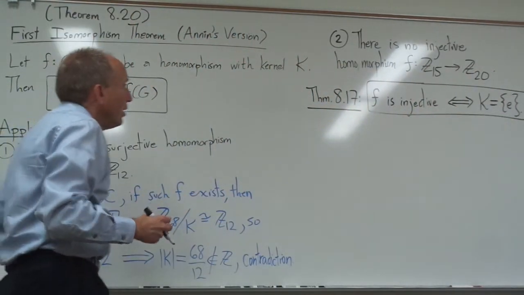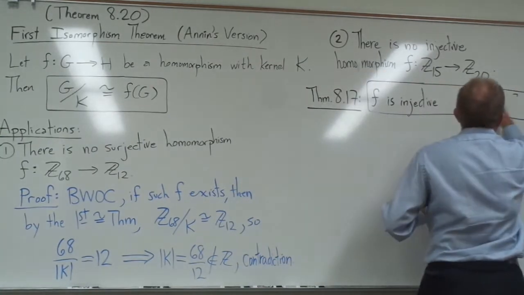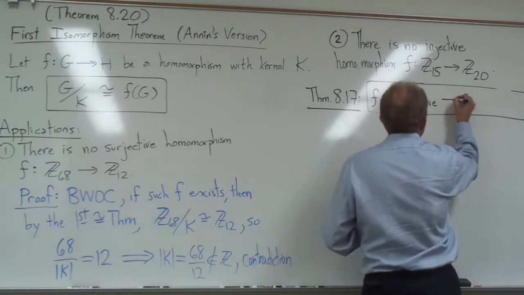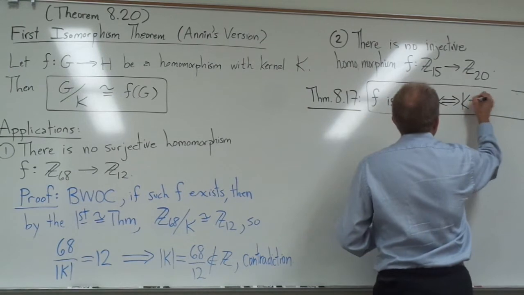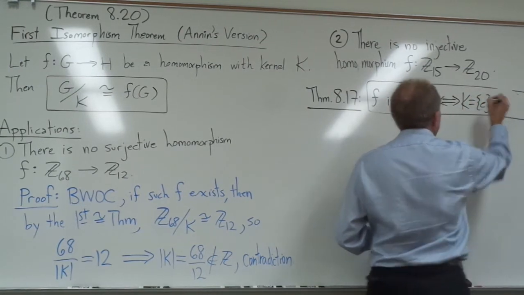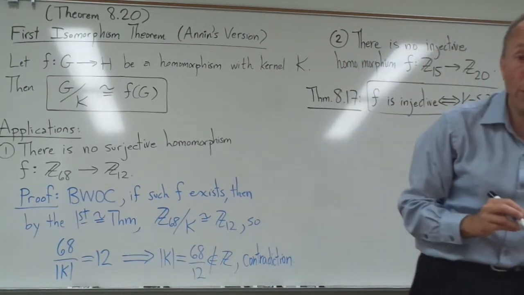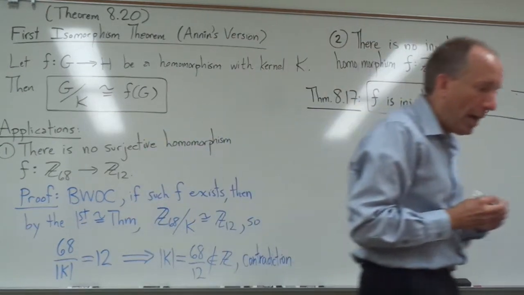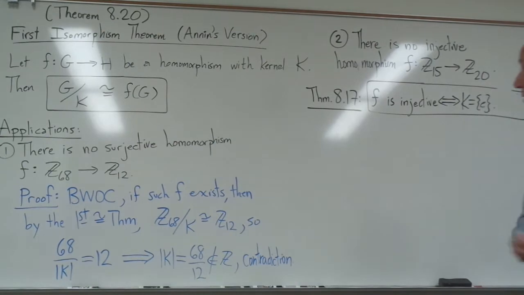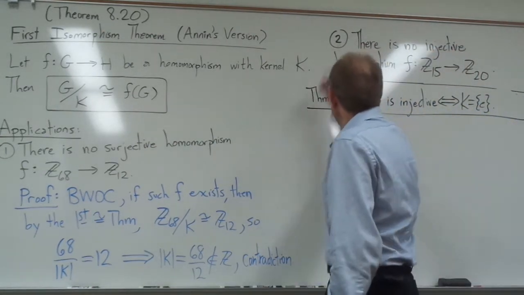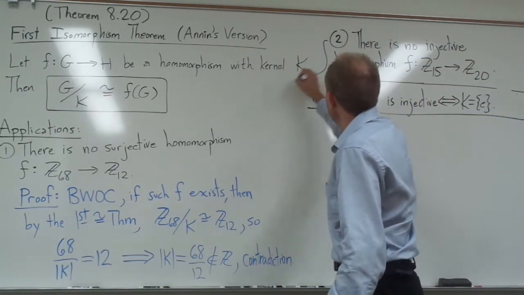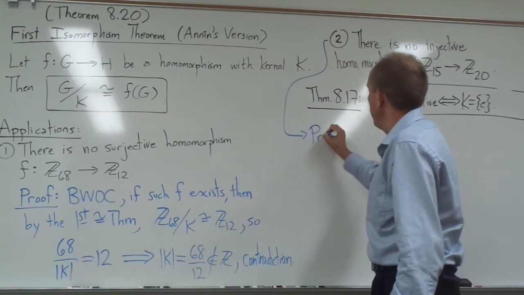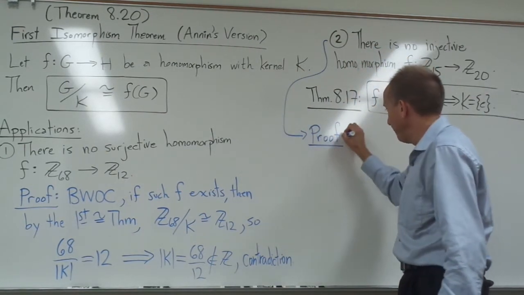So the kernel of an injective homomorphism is always trivial. If you want, you can take a look at the proof of that. It's theorem 8.17 in the book. I'm not going to prove it here in this little talk. I'd rather get back to proving my application.